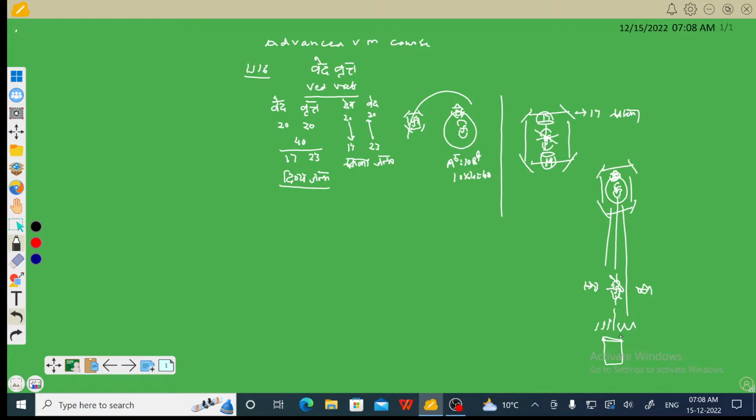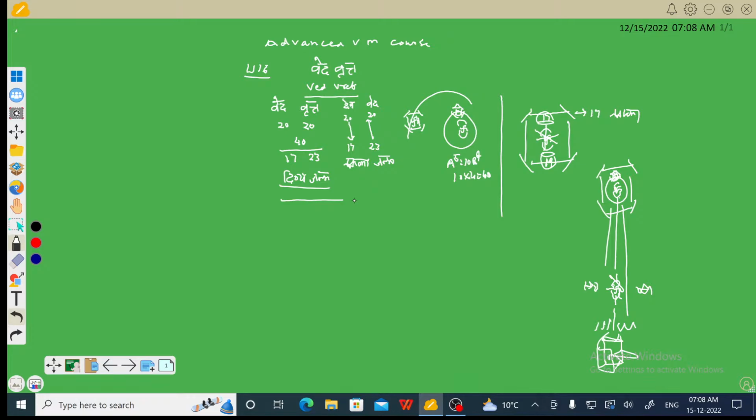This is the broader outline of the way there happens a sequential progression.